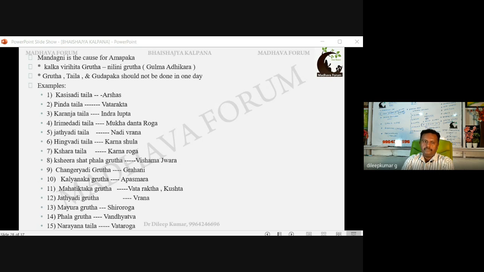It can be used with Guta, Takra and Ushnajala as an Anupana. Prathama Kavala Bhakta: if you underline, it should be taken along with the first bolus of the food.